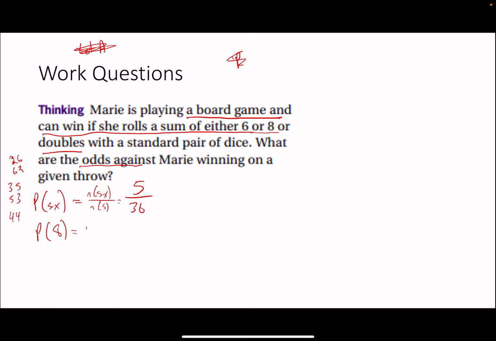So the probability of an 8 is 5 over 36. Now, what's the probability of doubles? The probability of doubles is equal to, well, 1, 1, 2, 2, 3, 3, 4, 4, 5, 5, 6, 6. 1, 2, 3, 4, 5, 6. So it's equal to 6 over 36.